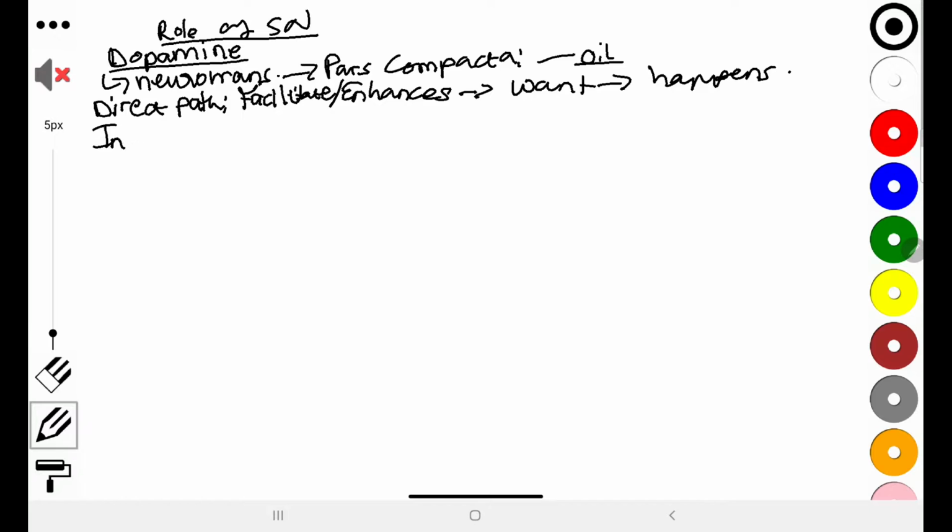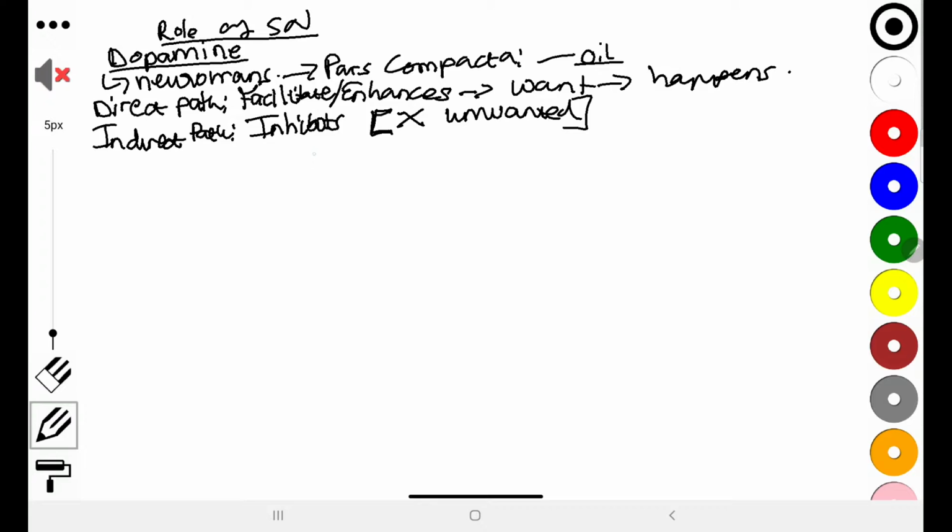So in the indirect pathway, we see that it inhibits. Now recall that the function of the indirect pathway is to stop the unwanted movement. So why would you want to inhibit stopping the unwanted movement?